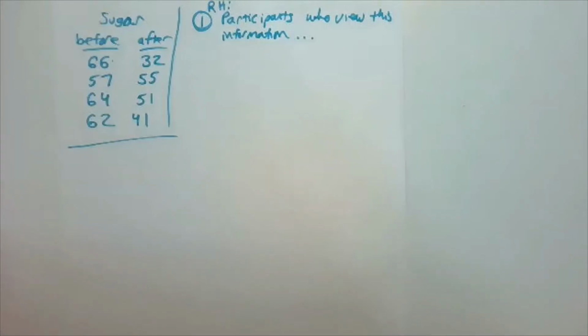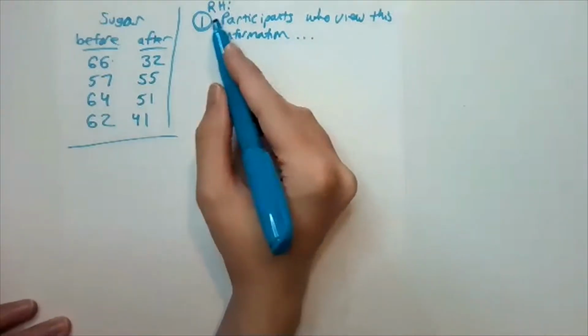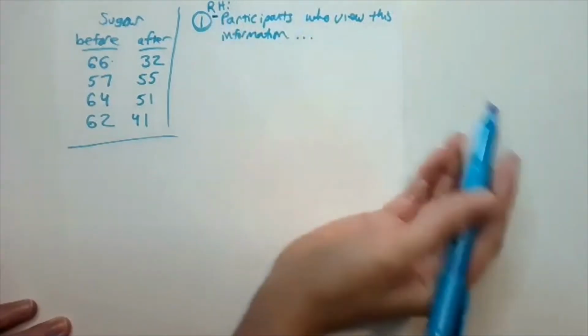The first thing that we're always going to do when using our hypothesis testing procedure is determine our research and null hypotheses. We're specifically going to phrase this in terms of populations. Here I've started writing our research hypothesis, which I've abbreviated as RH.